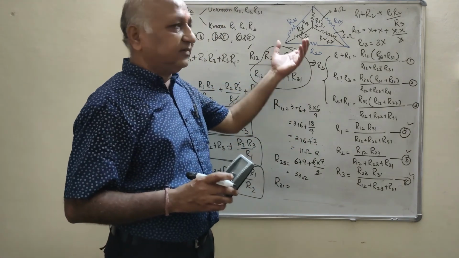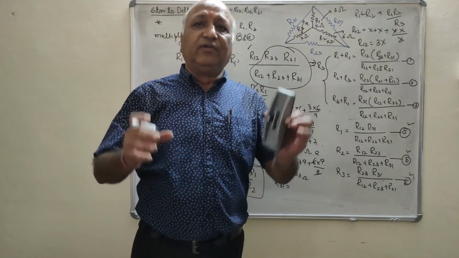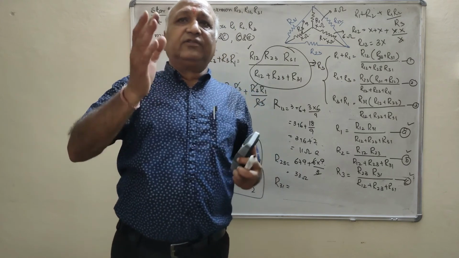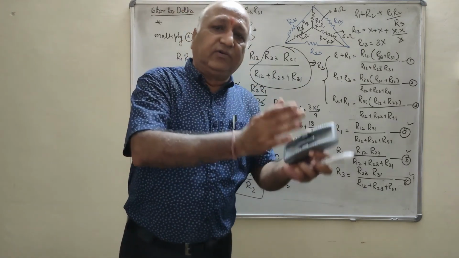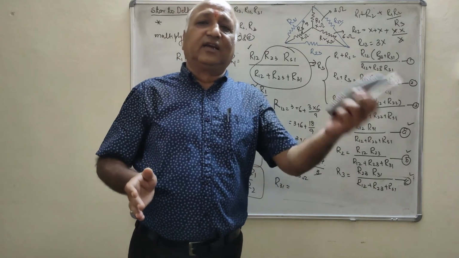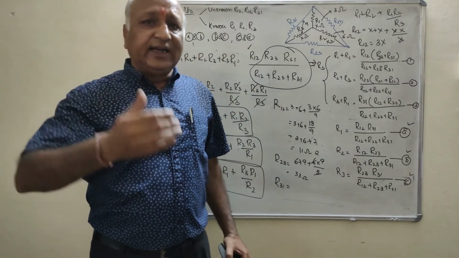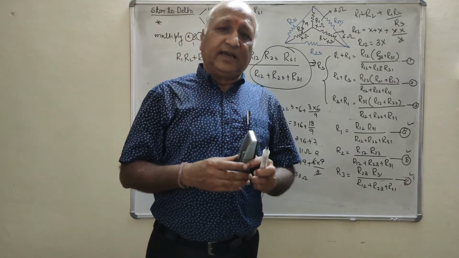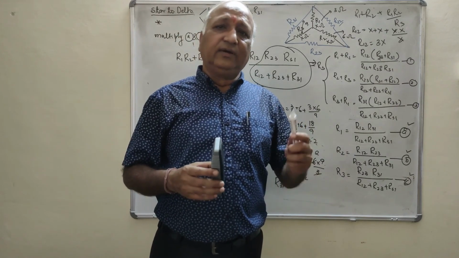Sometimes in a numerical, first you convert star into delta, then delta is converted into star, and again star is converted into delta. Many times we will use this conversion, star to delta and delta to star.